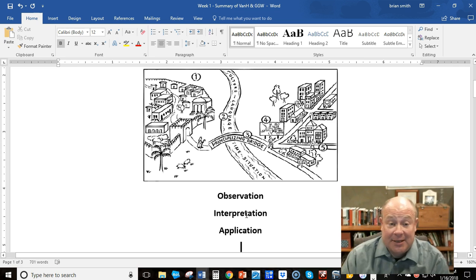That's what we're getting into in this whole class. And then the third step is application, where you take the principles here and you apply them over here.